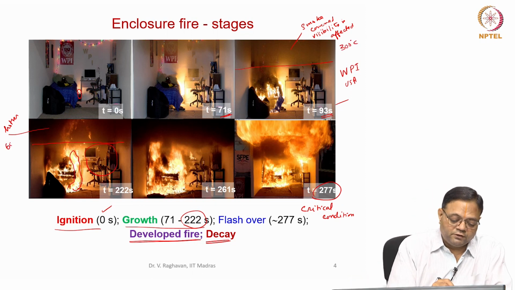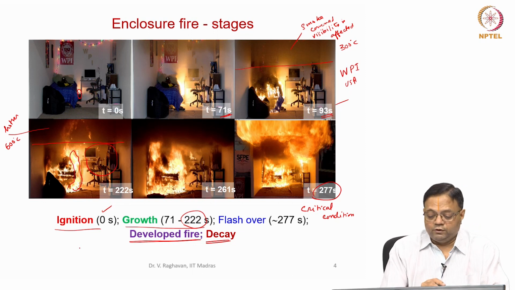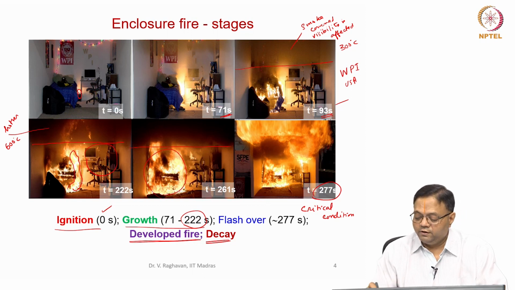Here it would have reached 600 degrees centigrade. Once it goes to higher and higher temperatures, the smoke intensity also increases at around 260 seconds. Now the temperature also increases to 700 to 800 degrees. This high temperature and also the radiation from the full-fledged fire ignites all the commodities. Okay, so this is called flashover.